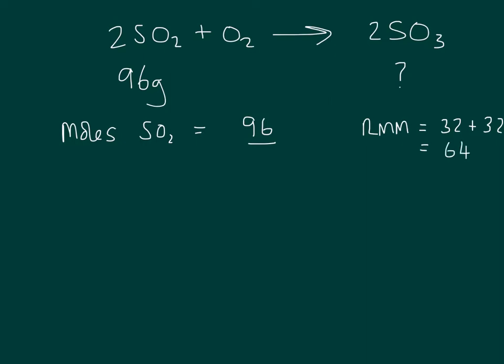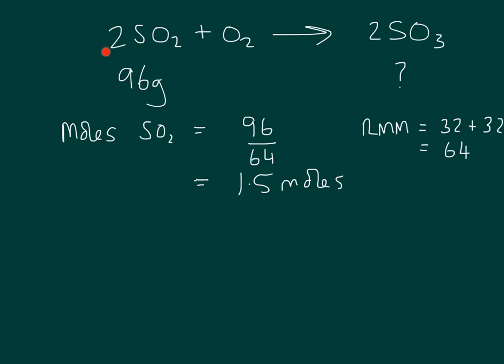The relative molecular mass of sulfur dioxide is 64. So the moles of sulfur dioxide is 96, the amount that we've got, divided by the molar mass, which is 64. If we do that calculation, 96 divided by 64 equals 1.5 moles.